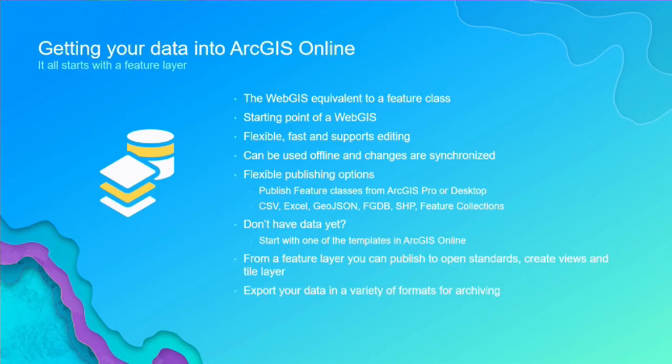It's flexible, fast, supports editing. In Online specifically, we've been spending a lot of time over the last year improving how we deliver your feature data from Online to wherever you are in the world. We build in a lot of caching at different levels, and that's really what makes it fast and scale.